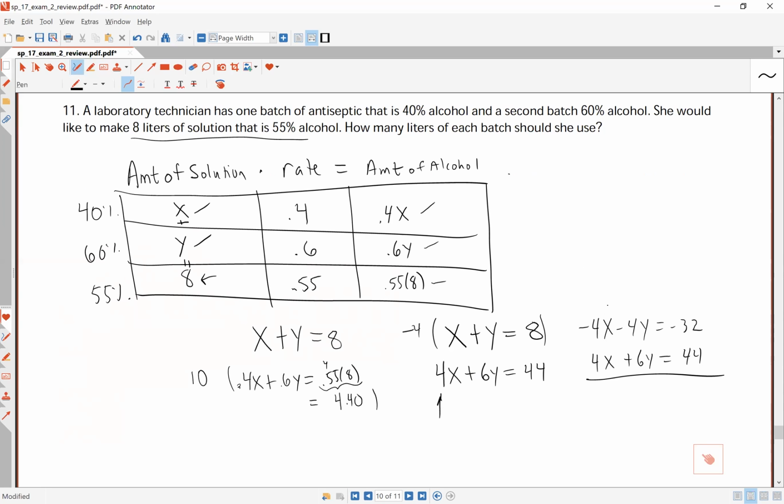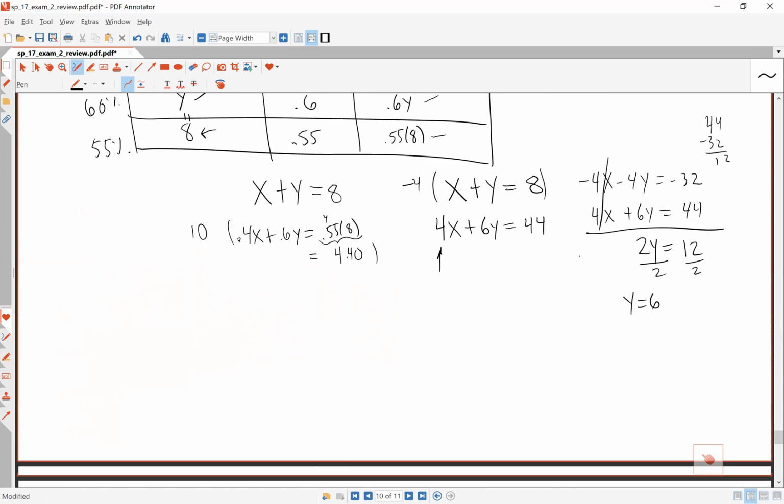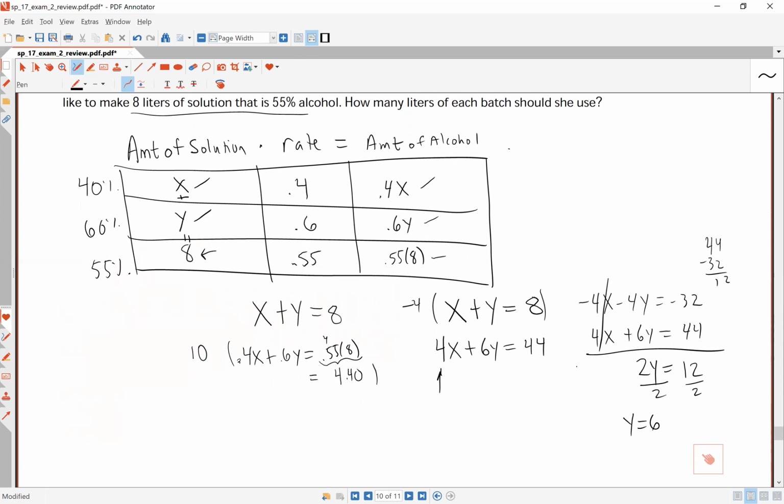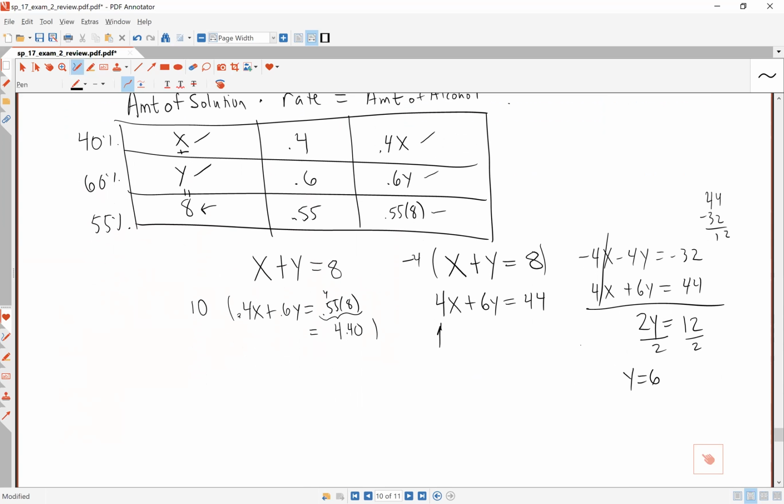We add these two equations together and get 0. 6 minus 4 is 2. And 44 minus 32 is 12. Divide both sides by 2, and we get y is equal to 6. So the Y is the 60%. So we have 6 liters of the 60%.